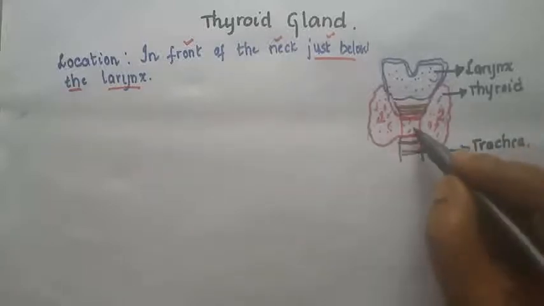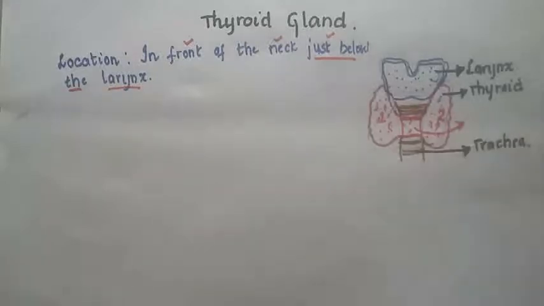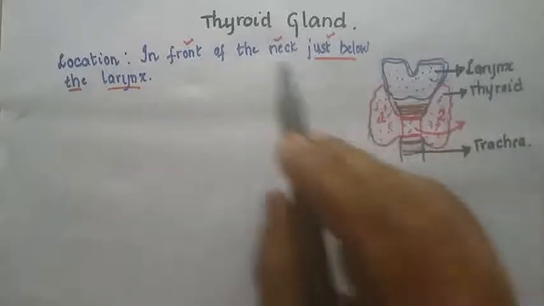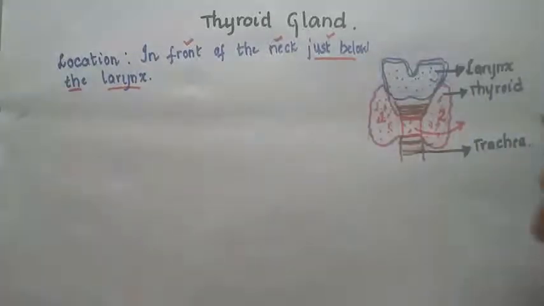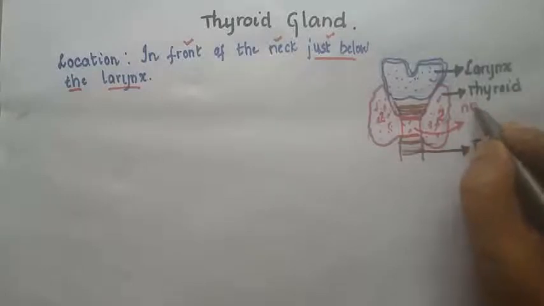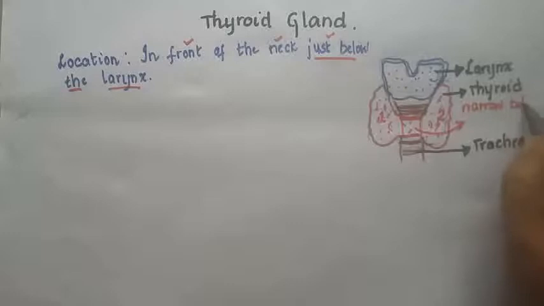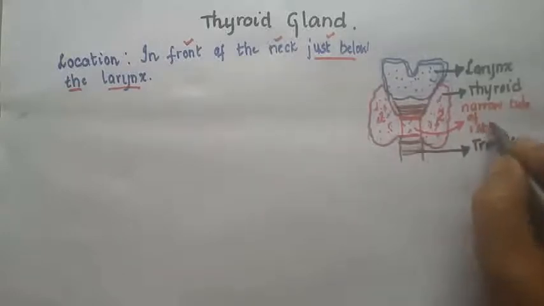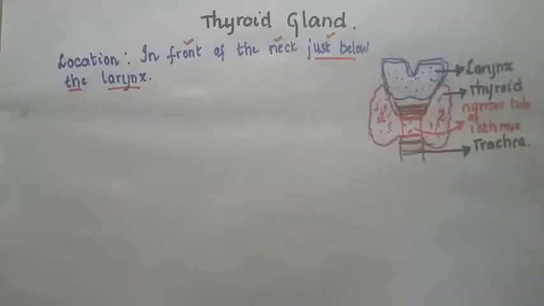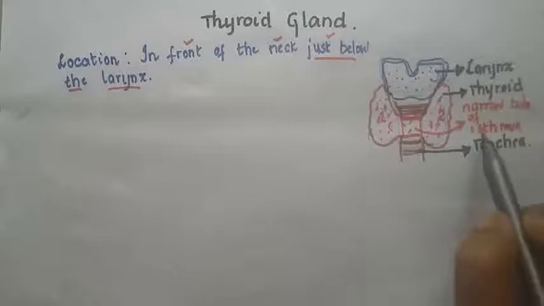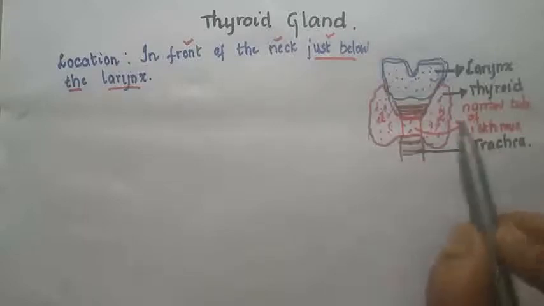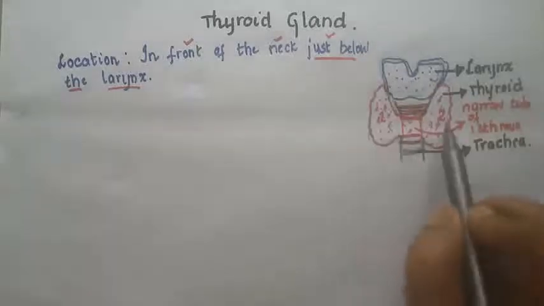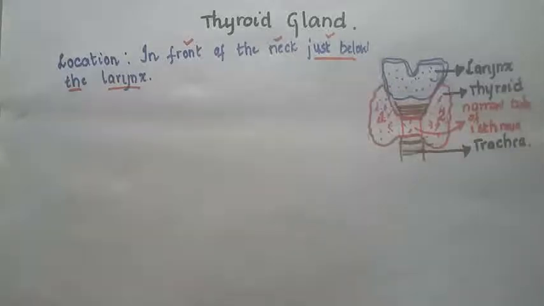This narrow tube, which connects both the lobes of the thyroid gland, is known as the isthmus.